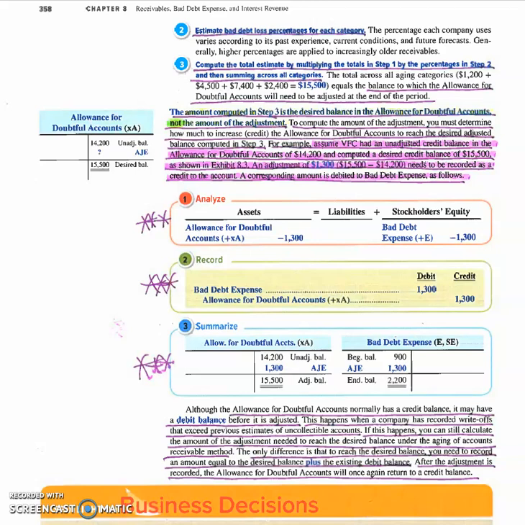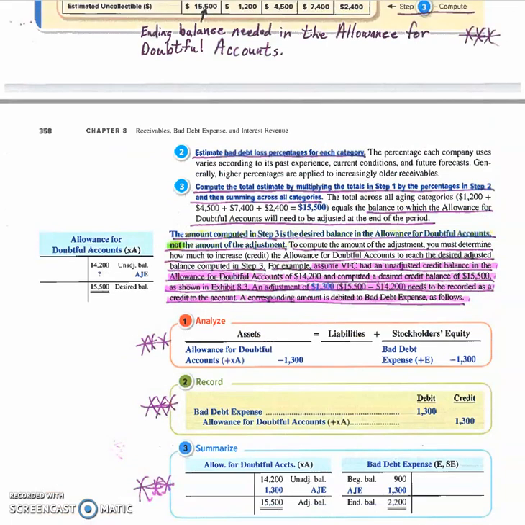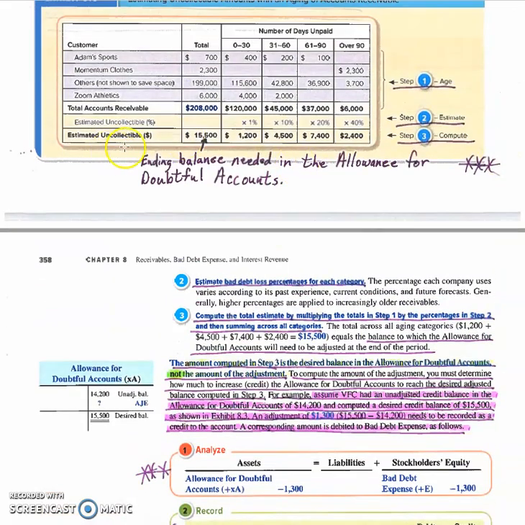Okay, students, we're back. This is where we left off, and I ended by pointing out that what the aging of accounts receivable method does is calculate what balance we need as an ending balance in the allowance for doubtful accounts.